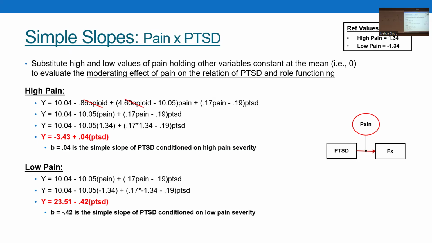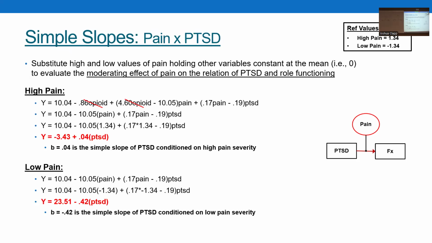People see how we went through and, just by hand, got our simple slopes for the effect of PTSD on functioning at high and low levels of pain here. This is something that's going to take some practice. You're going to have to keep going. But always when you're doing this, I want you to be thinking about what this literally means. This will help you immensely.